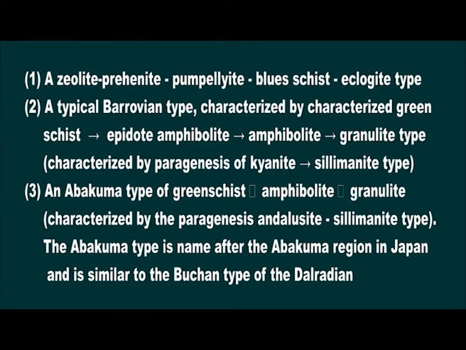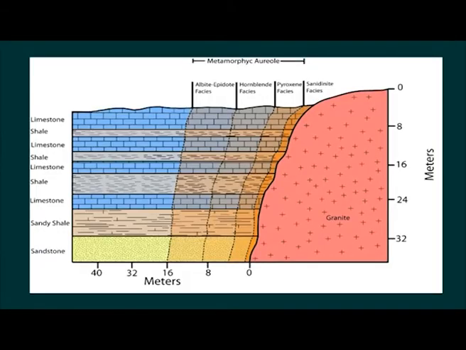And third, an Abukuma type of greenschist, amphibolite, granulite characterized by andalusite, sillimanite type. The Abukuma type is named after the Abukuma region in Japan and is similar to the Buchan type of the Dalradian. The facies of intermediate pressure are listed on the screen in order of increasing temperature and pressure of metamorphism.